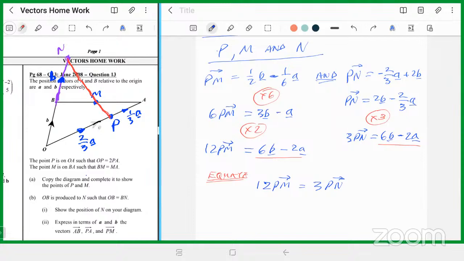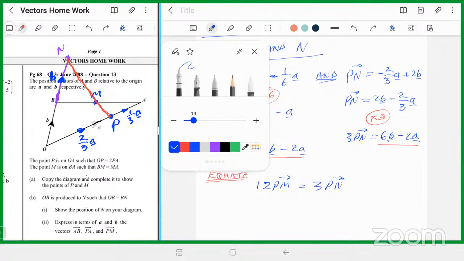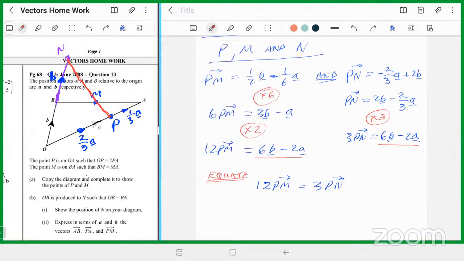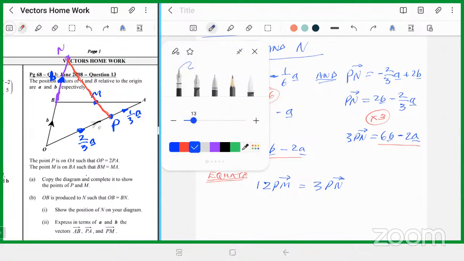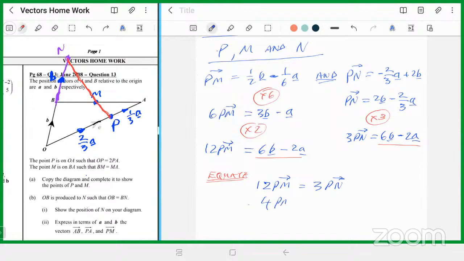I could have just multiplied this one by a 4 and it would have been equal to that, because this would have become 2b like that. But it doesn't matter if I follow the process, it works itself out because you equate and then simplify. So divide both sides by 3 now. This becomes 4pm equals pn. That's it.